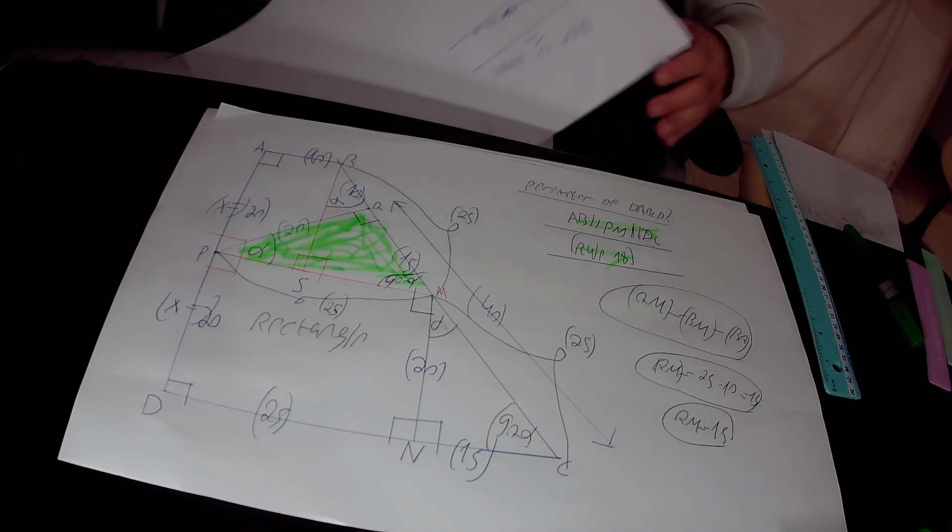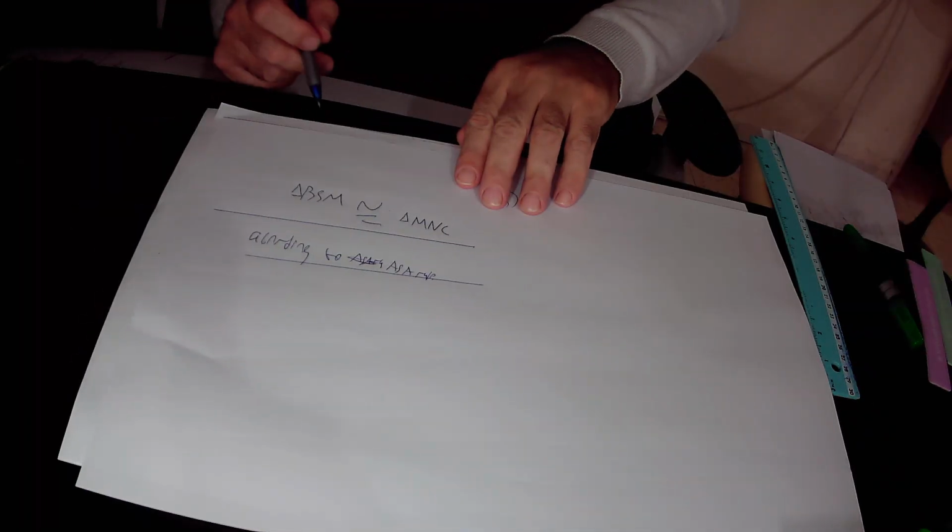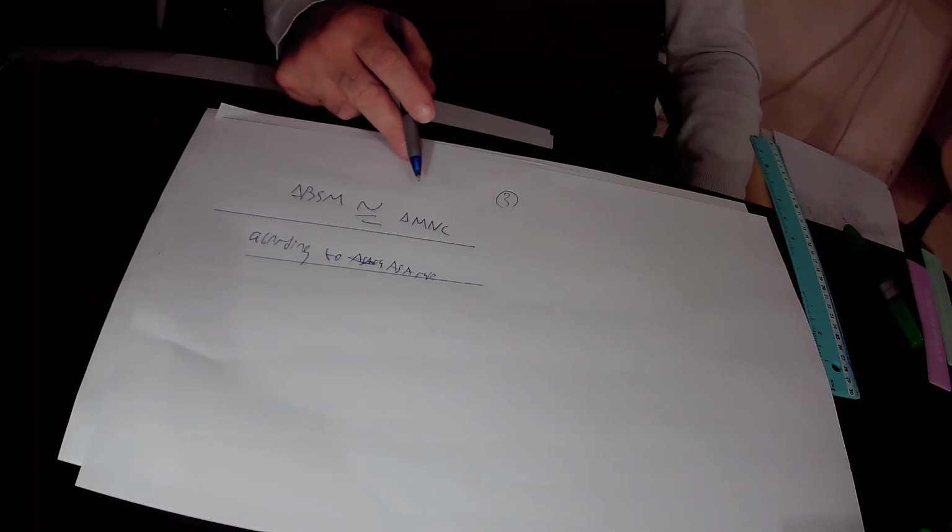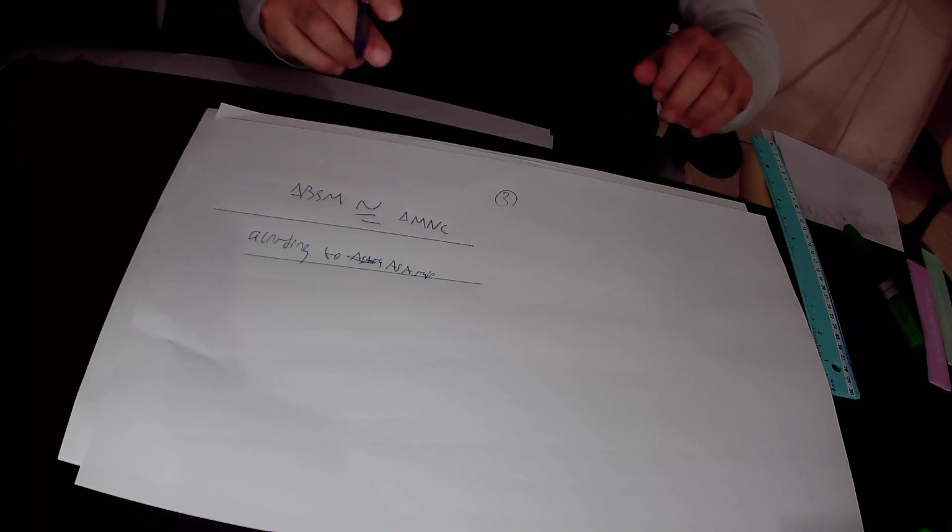Again, we can find out that the upper right triangle BSM is congruent to the lower triangle MNC according to the angle side angle rule.